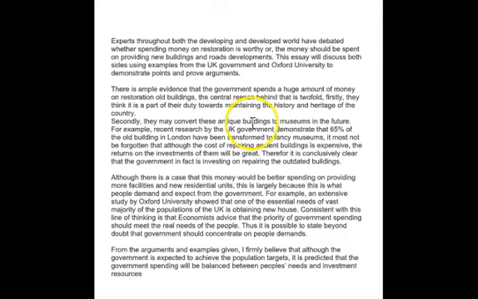It doesn't really work with buildings, so they may convert these historical buildings to museums in the future. Good, well done. For example, recent research by the UK government, good, demonstrates, with an S, that 65% of the old buildings, with an S, in London have been transformed into fancy museums. Good.